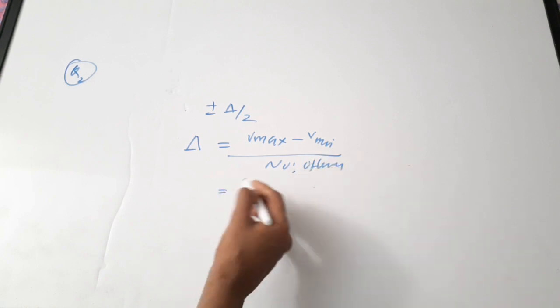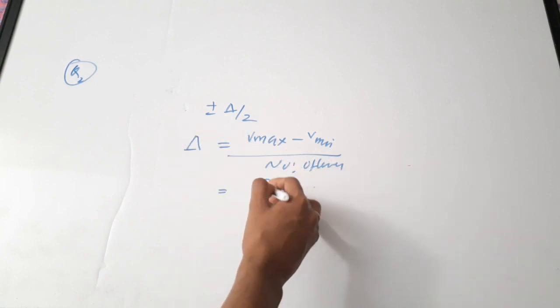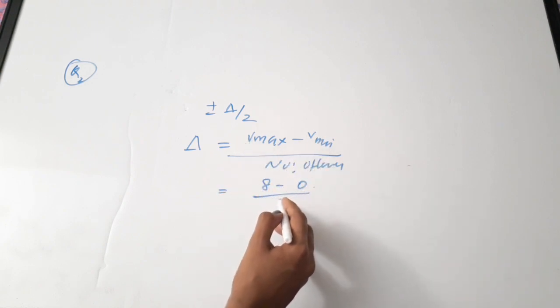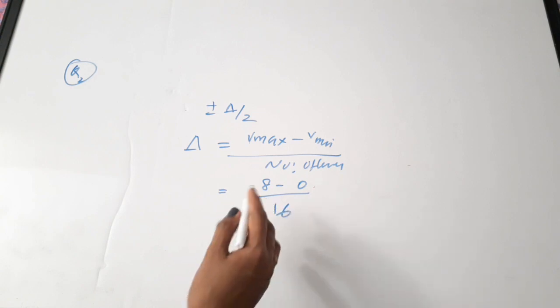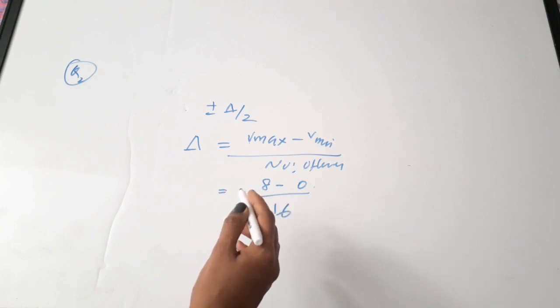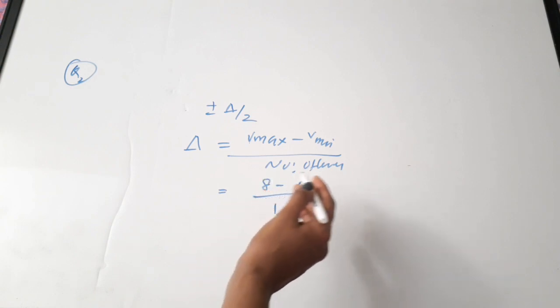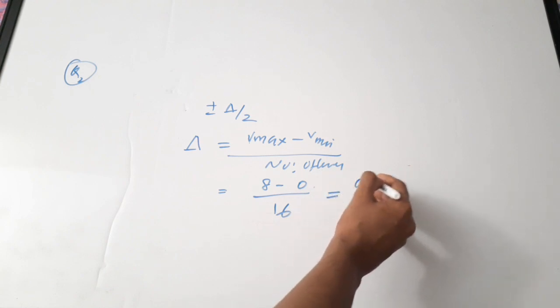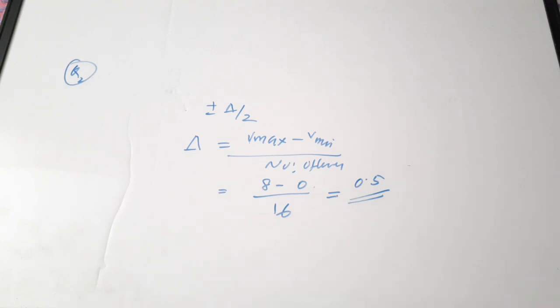What is the V max? The range is from 0 to 8. So 8 minus 0. Max is 8, minimum is 0. Number of levels is 16, right? So it is 8 minus 0 by 16. And the value obtained is 0.5.